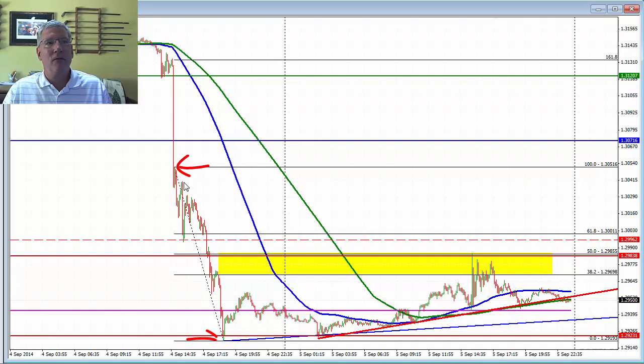And since that time, if you put a Fibonacci from that high down to the low that we saw a few hours after that, the market's been going sideways here. But the corrective move to the upside finds resistance right against the 50% of this move to the downside. So all the sellers here still remain in control.